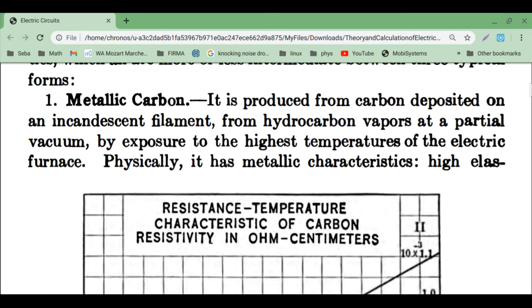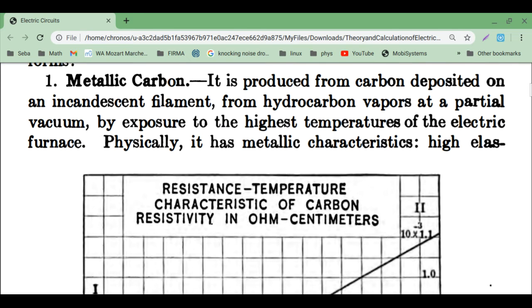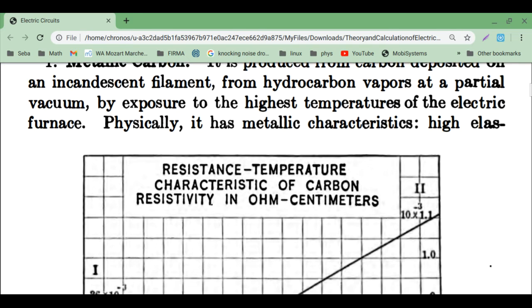three typical forms. Number one, metallic carbon. It is produced from carbon deposited on an incandescent filament from hydrocarbon vapors at a partial vacuum, by exposure to the highest temperatures of the electric furnace.